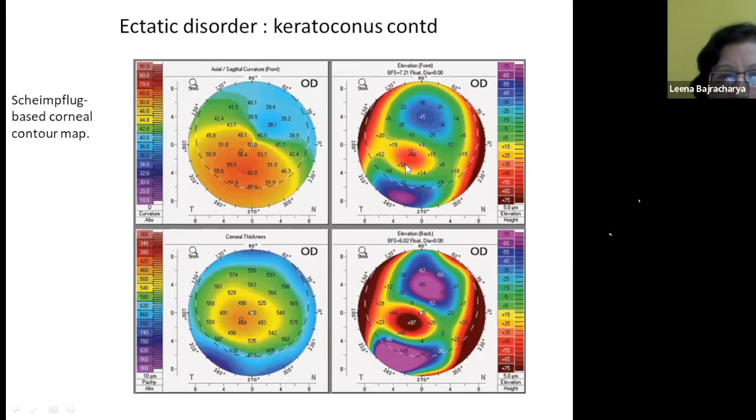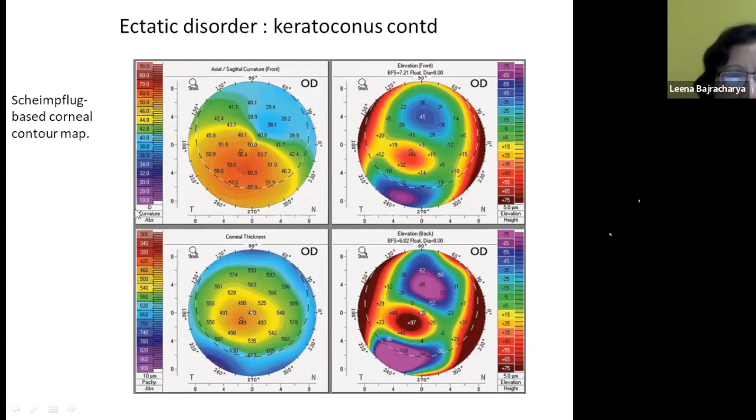This picture shows front elevation, back elevation, and corneal thinning. So this is the characteristic picture in the corneal topography.